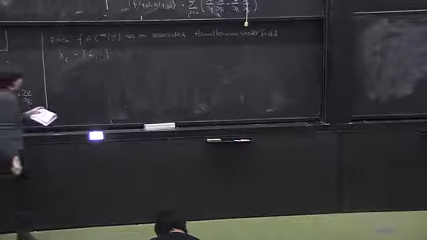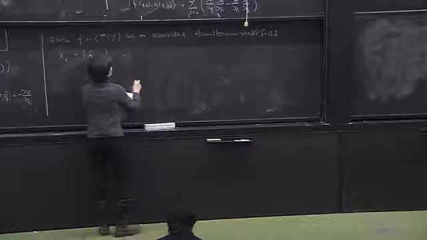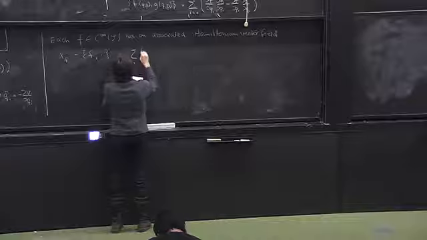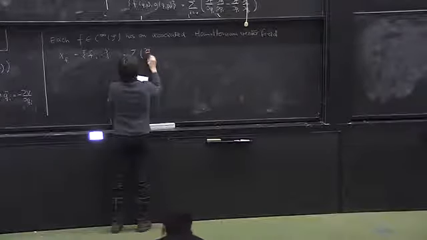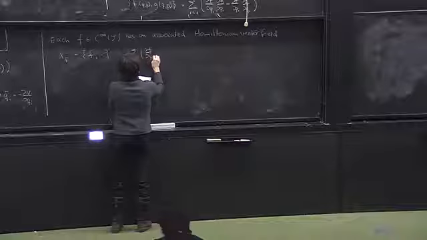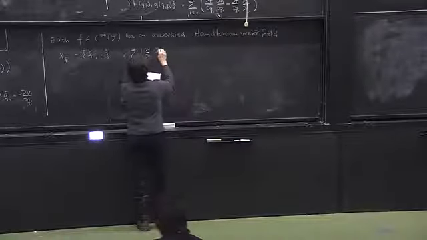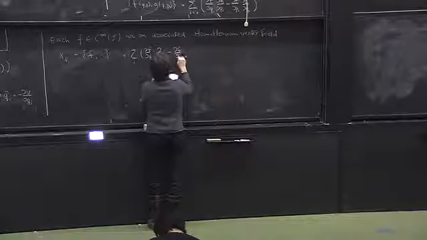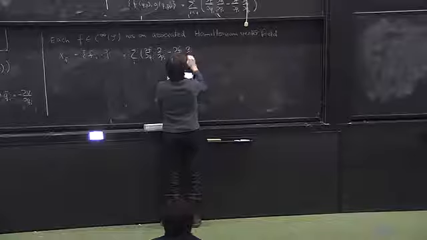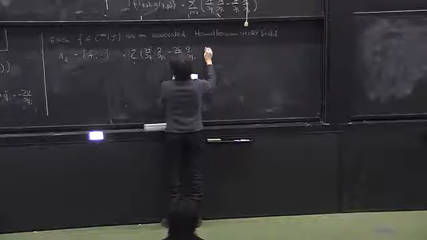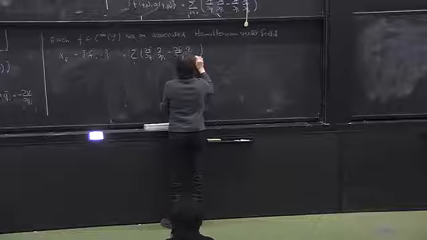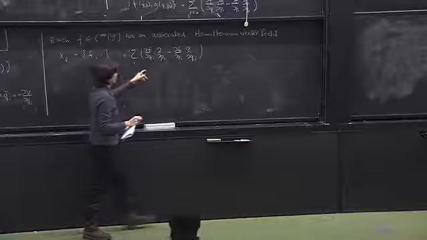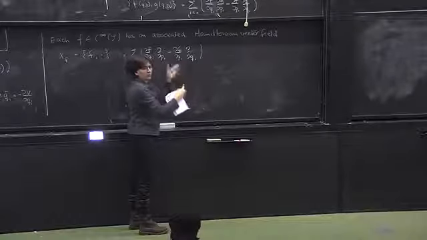Now, what does that look like concretely if I'm in Darboux coordinates? It's a sum over i of partial F by partial q i, d by dp i, minus partial F by partial p i, d by dq i. You see, because I haven't placed here another argument, these derivatives just appear by themselves.